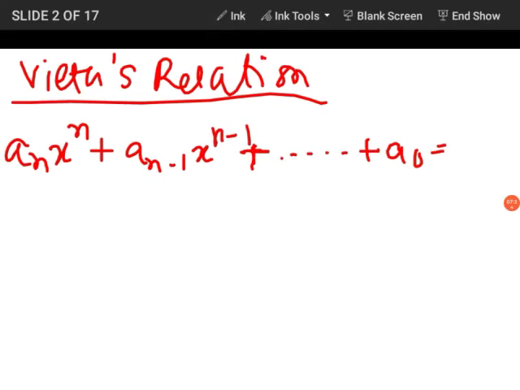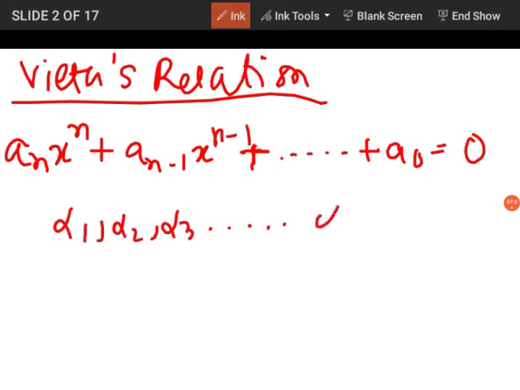Now say this equation has n roots because the degree is n. For example, say the roots being alpha 1, alpha 2, alpha 3 and up to alpha n.